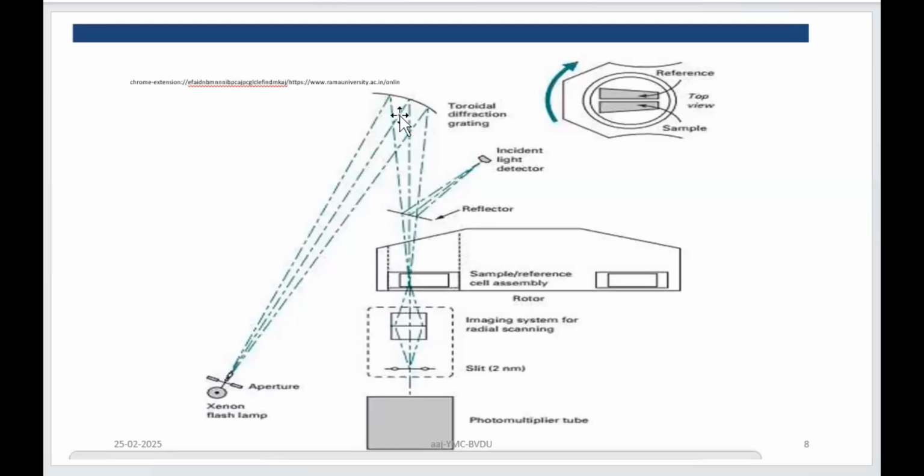So once the light falls onto the analyte, it will be reflected, refracted, diffracted, absorbed, or transmitted, whatever option you are choosing for characterization, that kind of data will be collected. So here is the light which is getting reflected from the sample, and it is going to the detector. So this schematic diagram represents the arrangement of analytical ultracentrifuge, right?